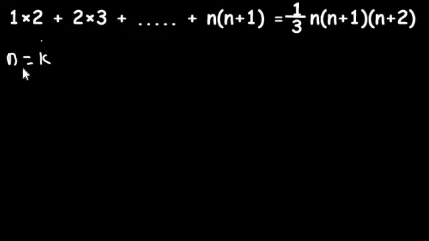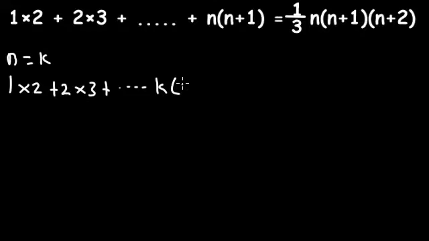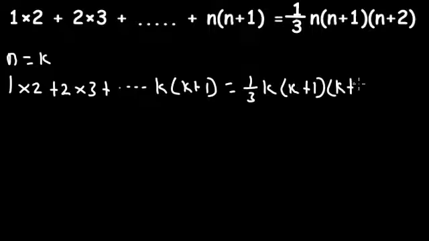So when n equals k, the equation becomes 1 times 2 plus 2 times 3 plus dot dot dot. So instead of n, we have k times k plus 1 equals 1 over 3 k times k plus 1 times k plus 2. So all I've done so far is replace n with k wherever I found n at both sides.